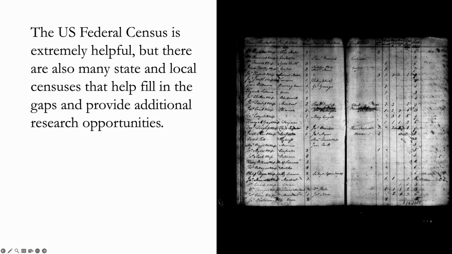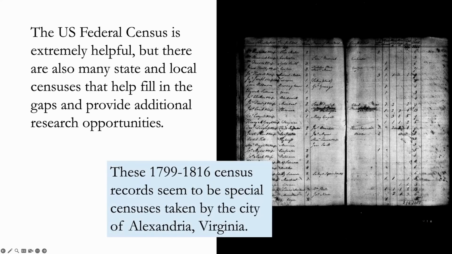And this particular census record is from 1917 to 1918, and this one happens to be a census taken by the city of Alexandria, Virginia. It may be a little bit difficult to read and decipher, but this is the kind of record that perhaps has not been used as frequently as other records.